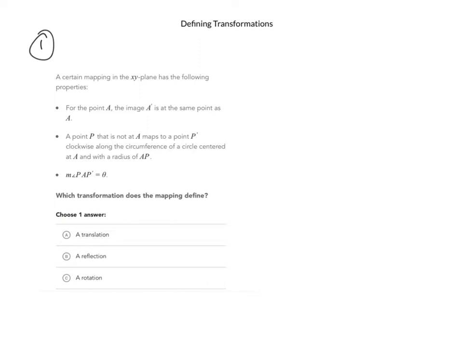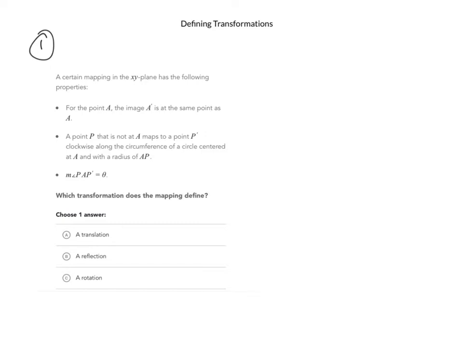The second one says a point P that is not at A maps to a point P prime clockwise along the circumference of a circle centered at A and with a radius of AP. And then it creates an angle PAP prime.